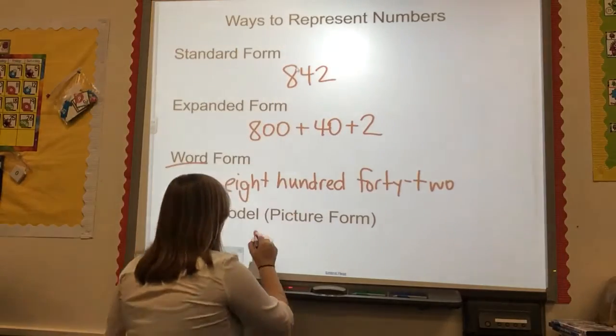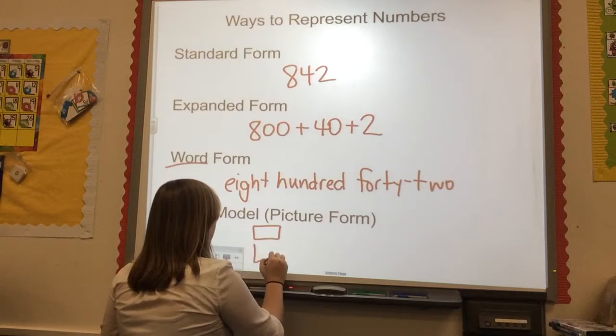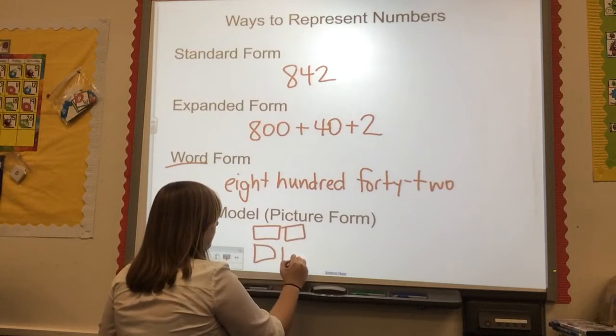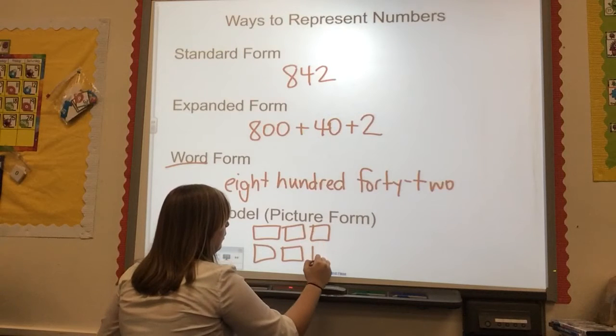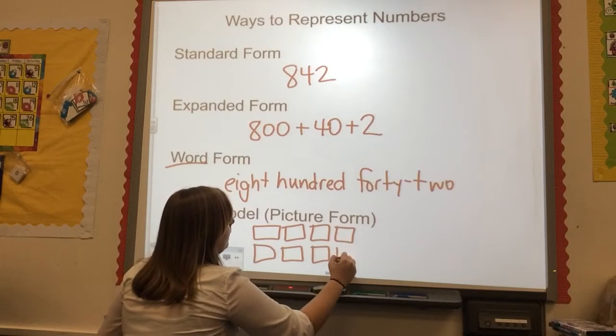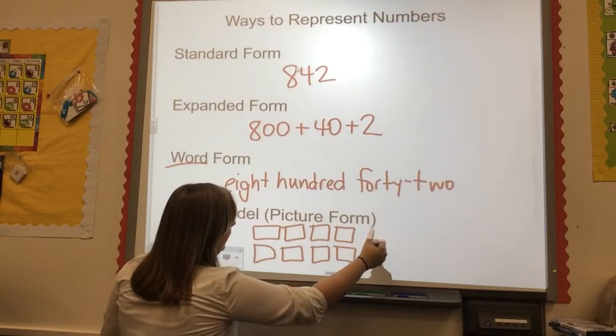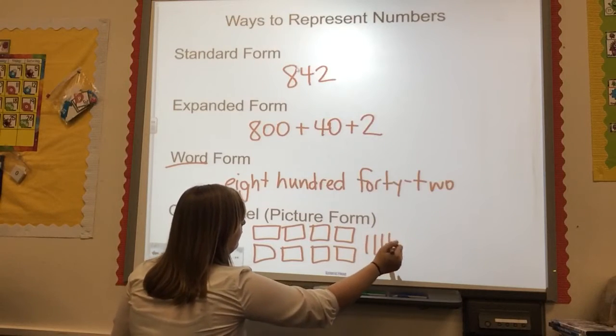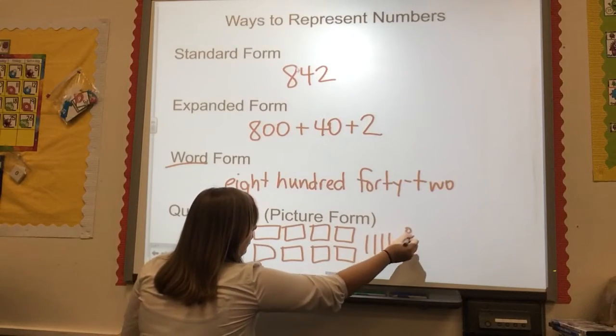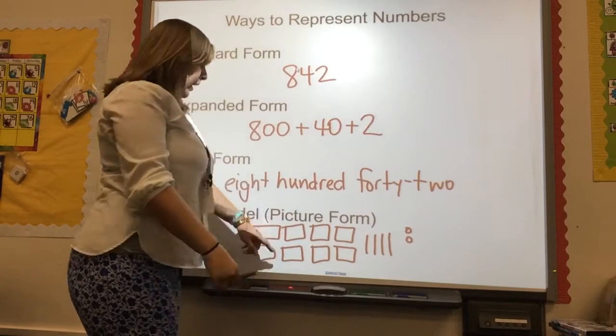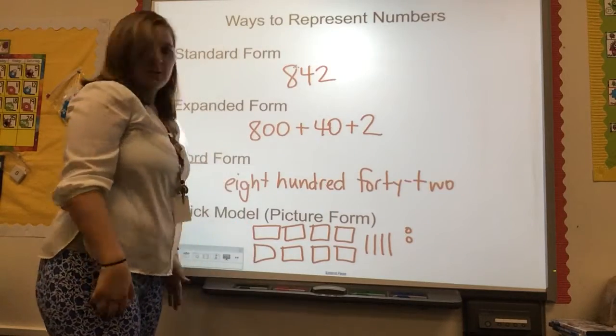So I have 800, so I'm going to draw 8 squares. All right, I have 4 tens, 1, 2, 3, 4, and I have 2 ones, 1, 2. Here is 842 in a picture.